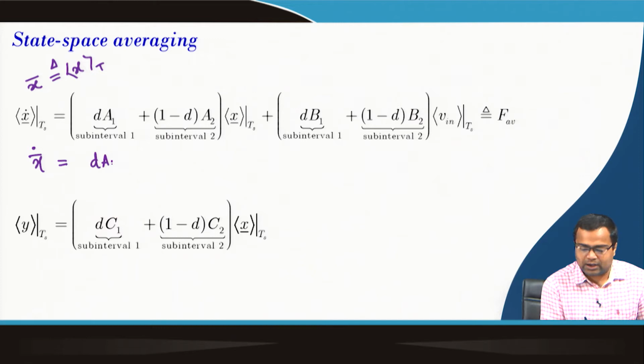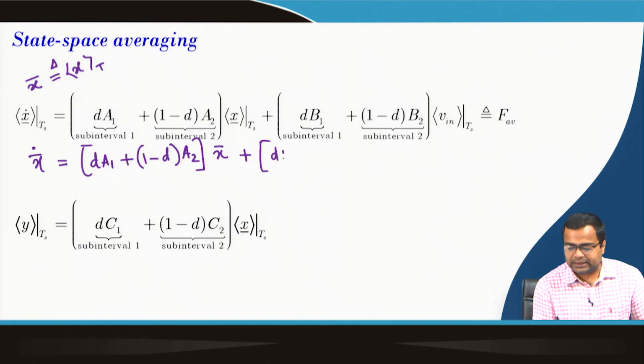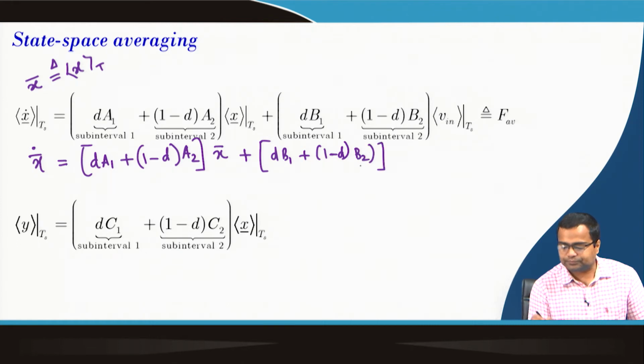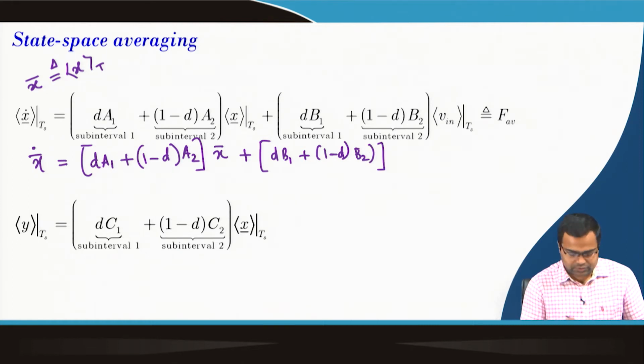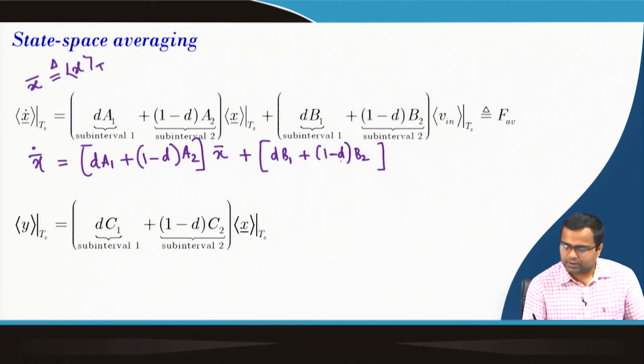Then we can write x dot, that means x dash, equal to d into A1 plus 1 minus d into A2, times x, plus d into B1 plus 1 minus d into B2, into V in bar.